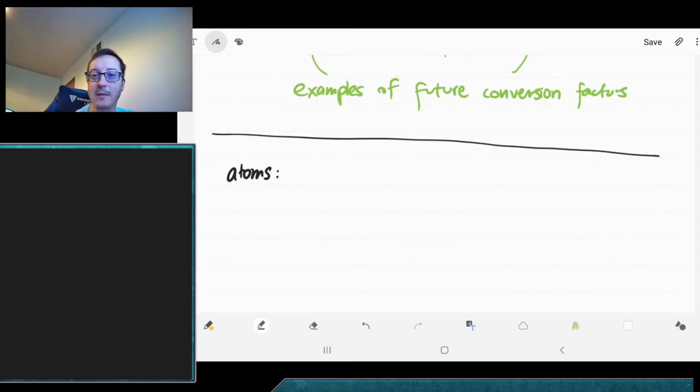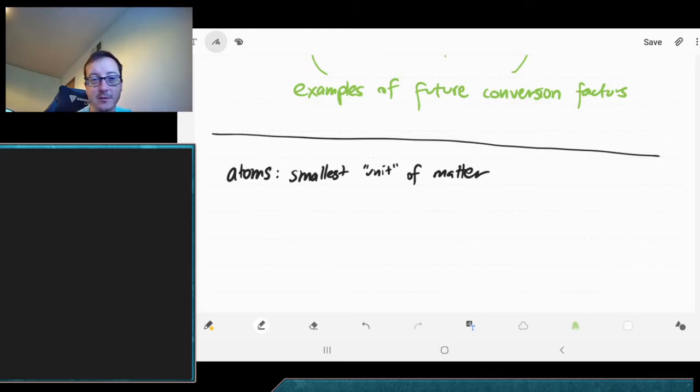So, as we've mentioned in the first day or something, atoms are kind of the smallest unit of matter. And I don't mean unit as in like meters or liters or that kind of thing, but kind of the smallest chunk that we can have.